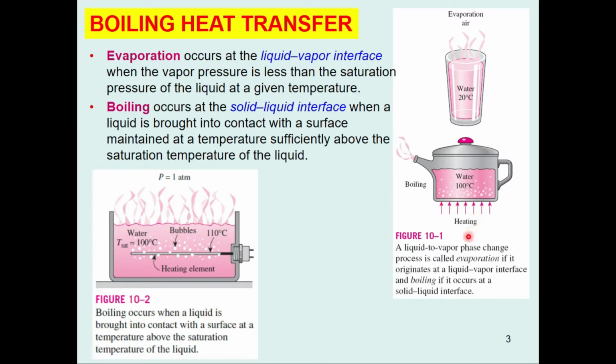If we provide heat from the bottom, the boiling phenomenon will take place at the bottom, and the vapors or bubbles formed at the bottom by taking the heat will move upward. We will see the steps of boiling in the upcoming slide. So boiling occurs always at the solid-liquid interface.